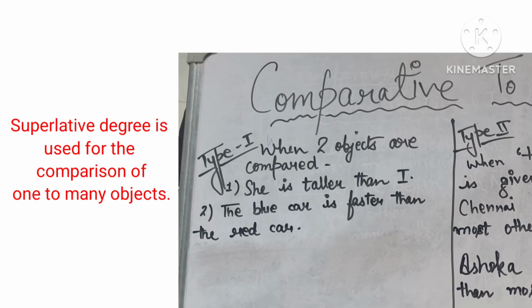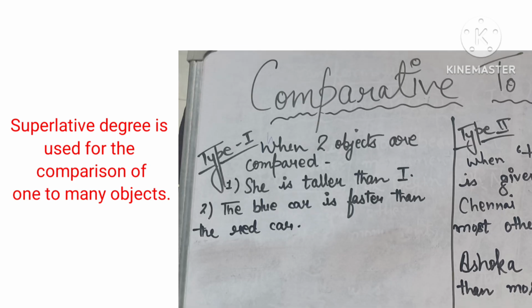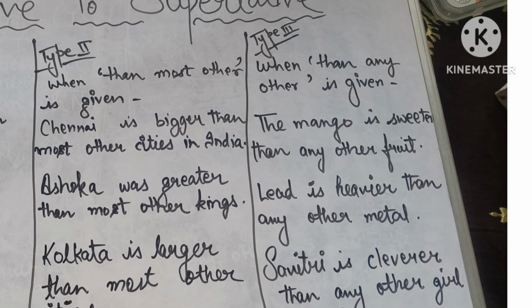That is the reason that these types of sentences cannot be transformed into superlative degree. Again, superlative degree is used whenever a one-to-many comparison is given, and here the comparison is made between two objects. That's why the superlative degree of these sentences is not made. So good for you that we have only two cases to learn for the transformation.